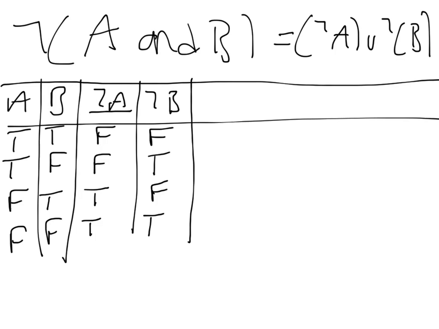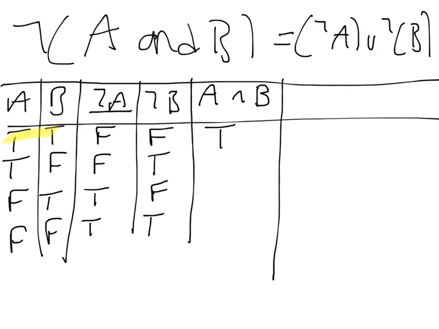Now we have to do A and B. Write that over for you. The only time A and B is true is when both A and B are true. So right here, A and B, that's true, because both A and B are true.